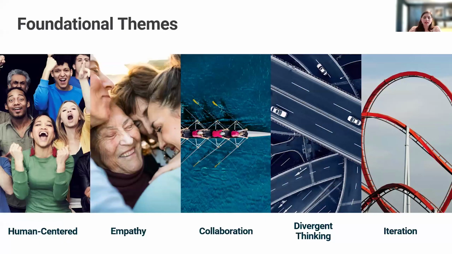And finally, iteration. So this is integrating feedback loops and refinement opportunities to progress designs incrementally and check that our interpretation matches the intent. These could be big loops, they could be small loops. It just depends on the timing within a project, and also whether we can demonstrate that we're on the right track versus if we need to course correct.